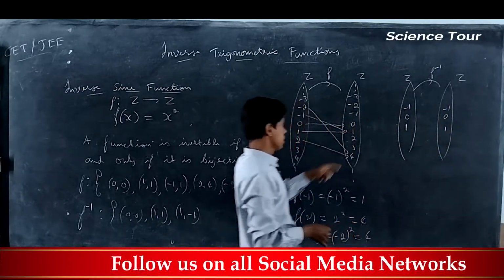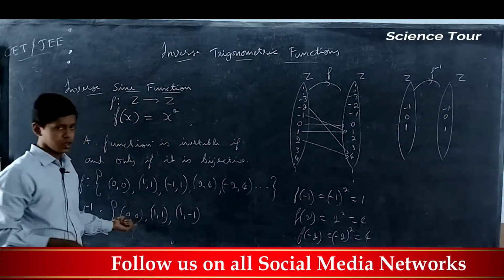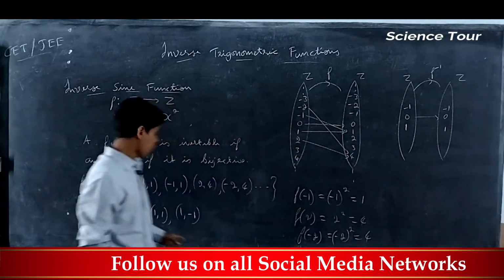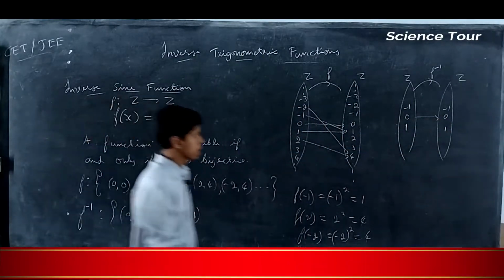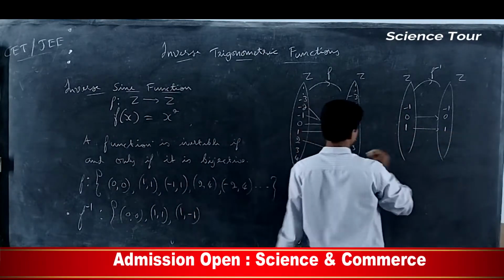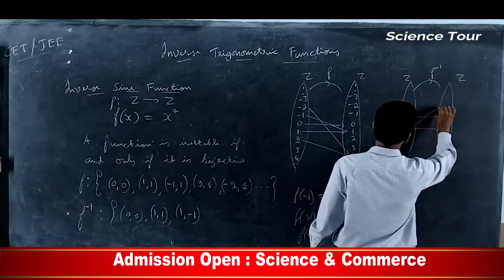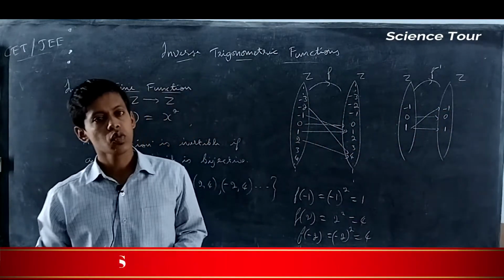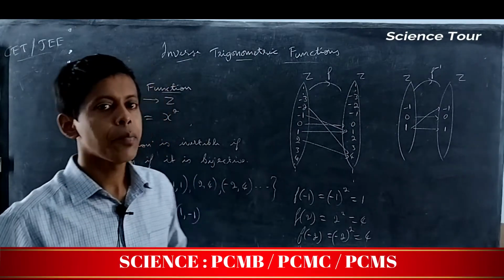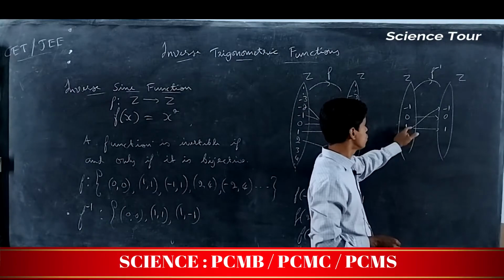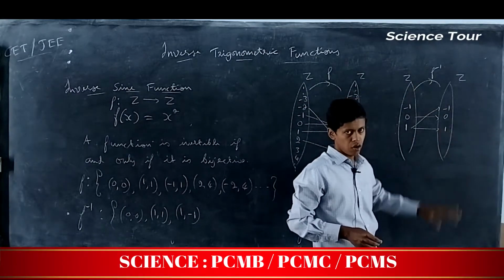According to this set, 0 goes to 0, then 1 goes to 1, and 1 goes to minus 1 as well. Now what is happening here? You don't have a function at all.